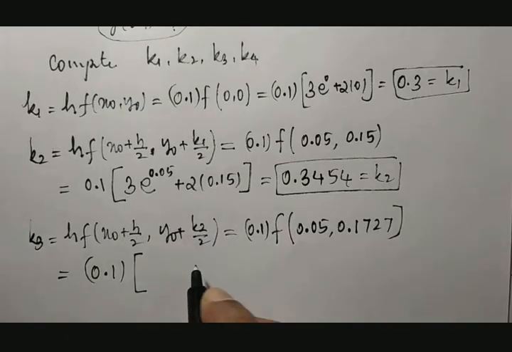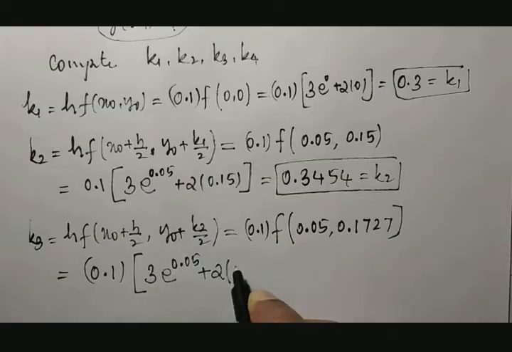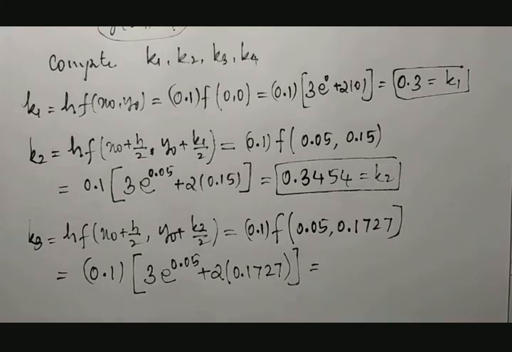What is the functional value? 3 into e raised to 0.05 plus 2 into 0.1727. Okay, let us calculate. 0.1727 into 2, that plus 3 into this result.